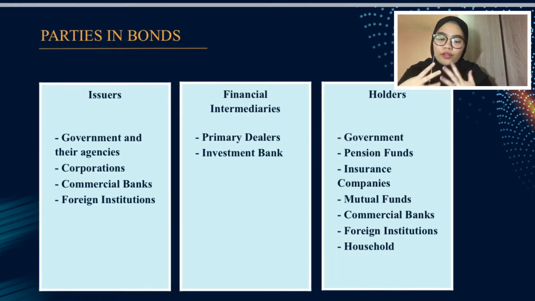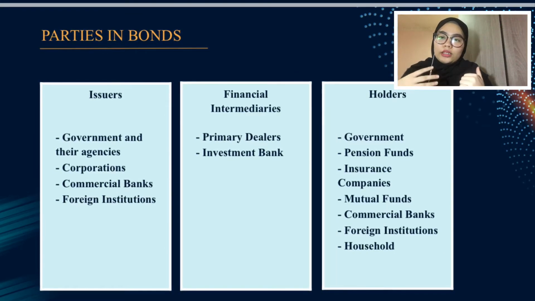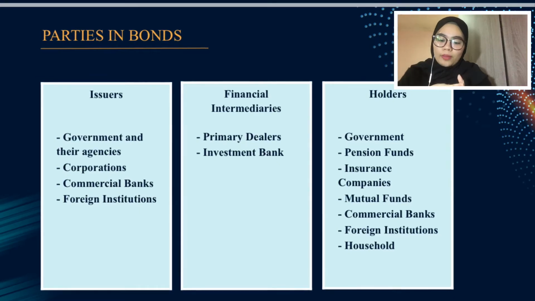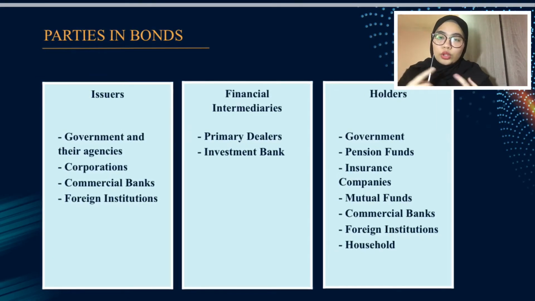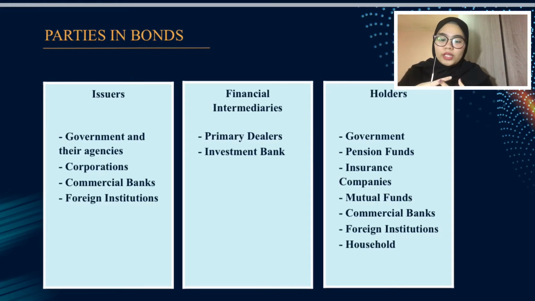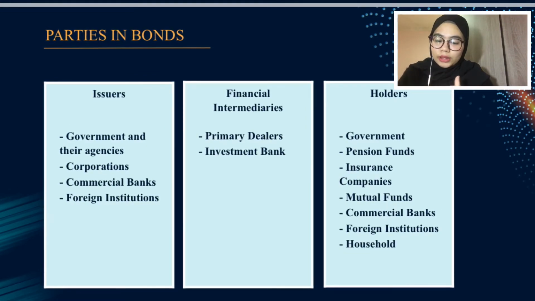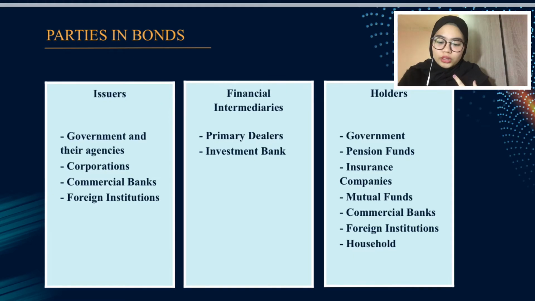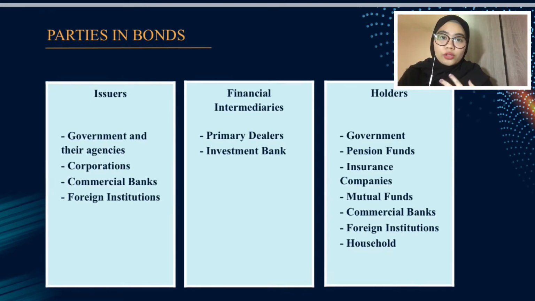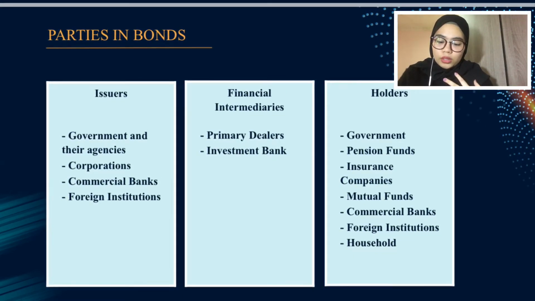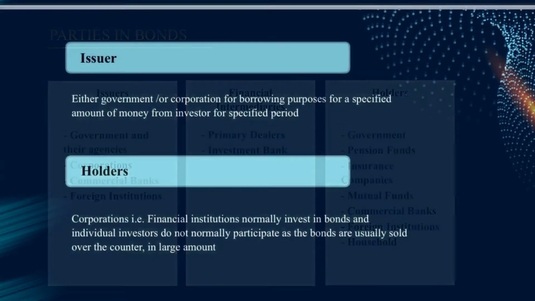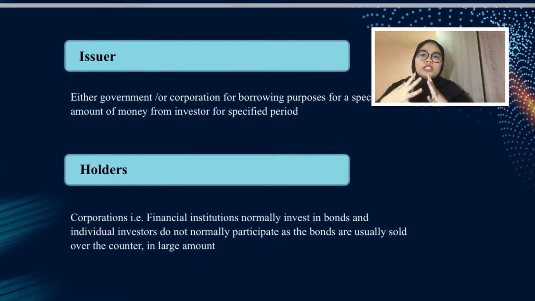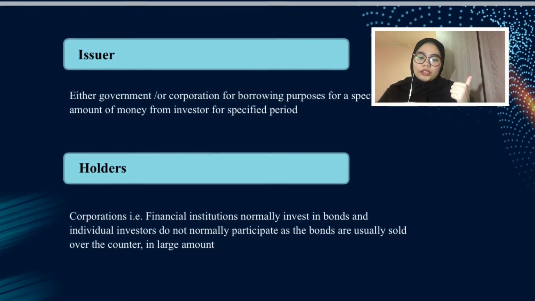The financial intermediaries are primary dealers and investment banks. And the holders, the ones who have the bond, are the government, pension funds, insurance companies, mutual funds, commercial banks, foreign institutions, and households.